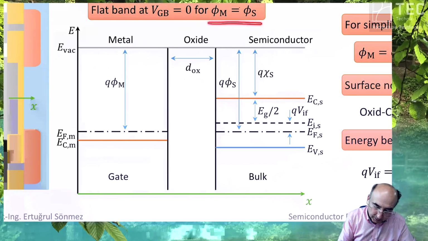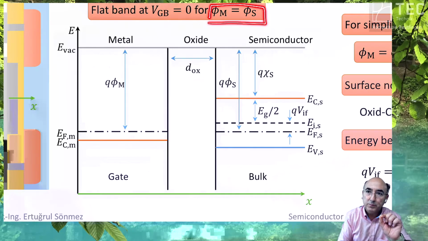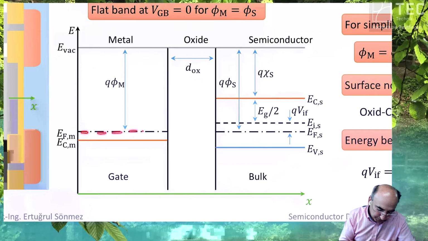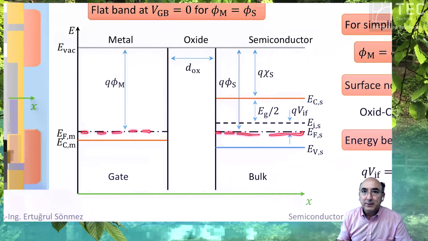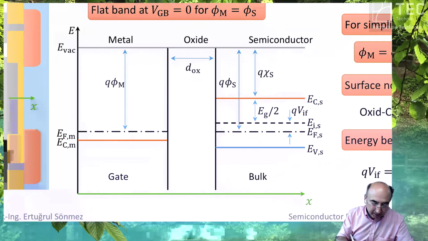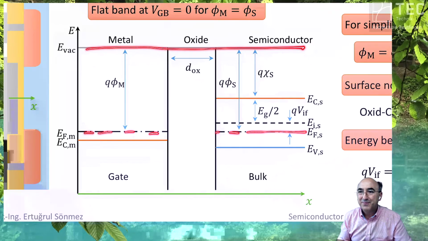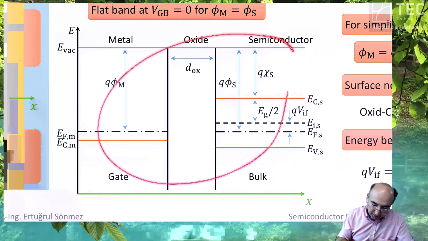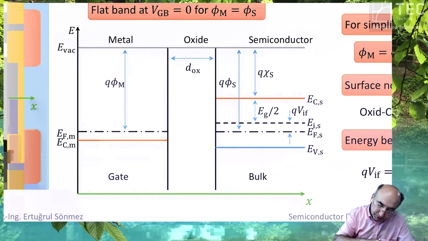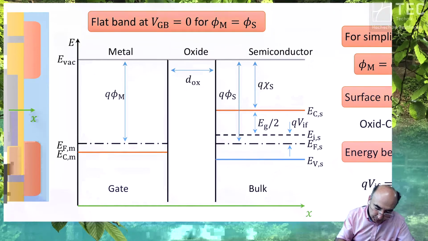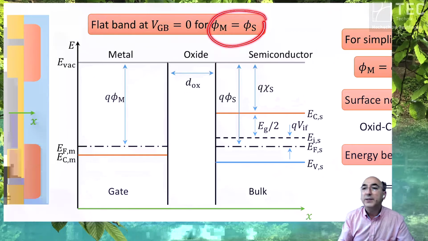And if you assume, in reality they are slightly different, but if you assume they are equal, then the Fermi levels are aligned. Then the flat band condition is at the same time your thermodynamic equilibrium. So this band diagram is in equilibrium because we assume that the work functions are equal.